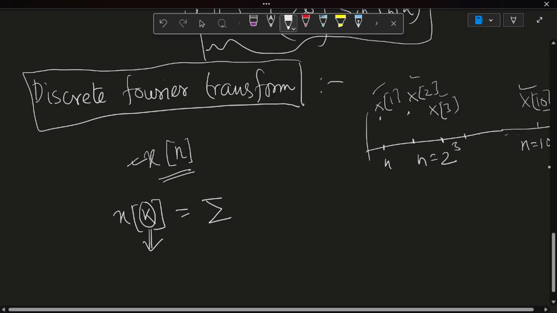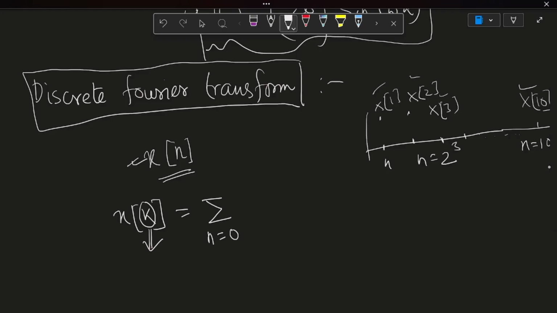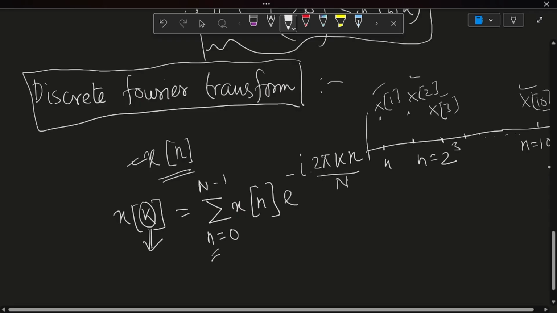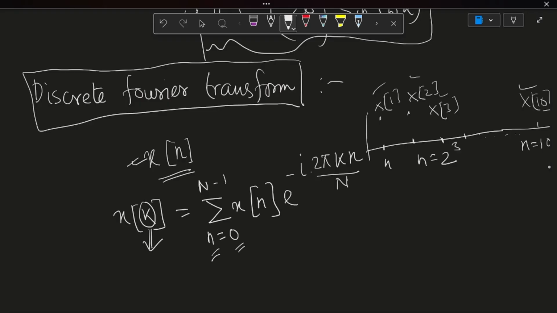It will be the sum from n equal to 0 to N minus 1 of xn e to the power minus i, this is an imaginary number, and here you have to write 2 pi k n by N. So look at the parameters. N is the number of data points. You will start from 0 and go up to N minus 1.